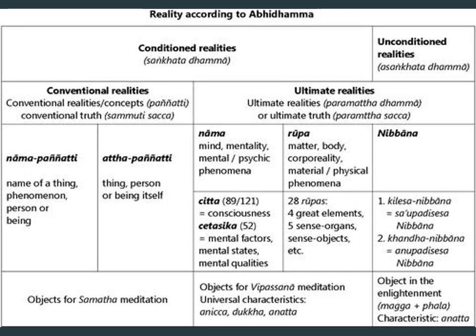Magga is the active path, phala is the fruit or the resultant, the reactive consequence. And then we have 2 kinds of nibbana: kilesa nibbana and khanda nibbana. One is nirvana while the 5 aggregates are still around, and the second kind is parinibbana, just before we die, when the 5 aggregates are no longer around.